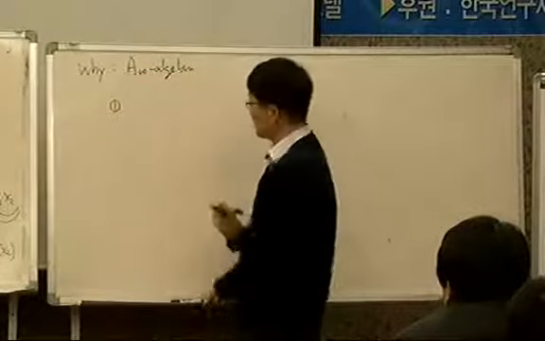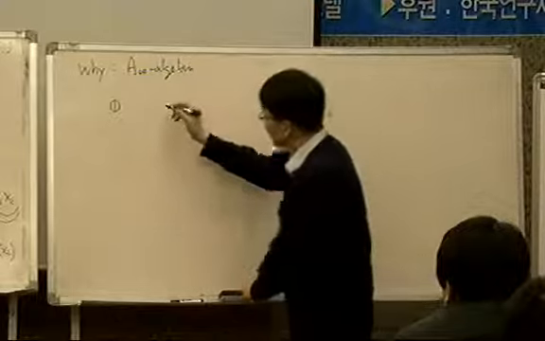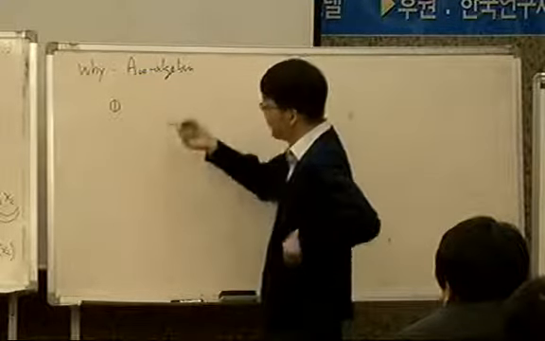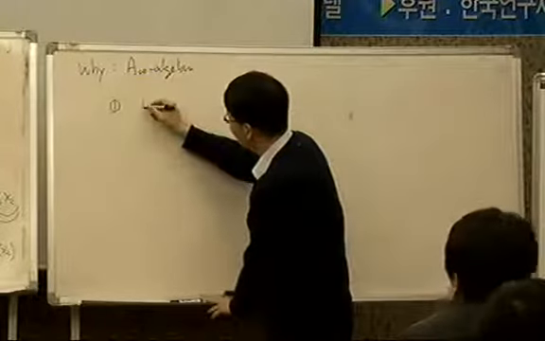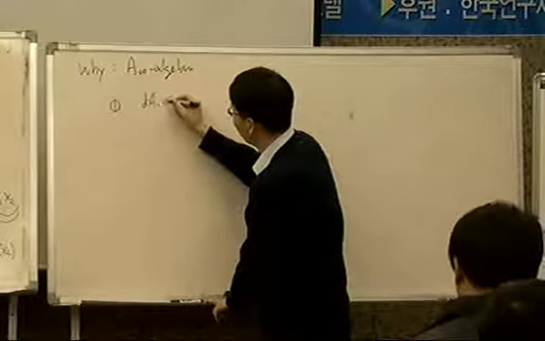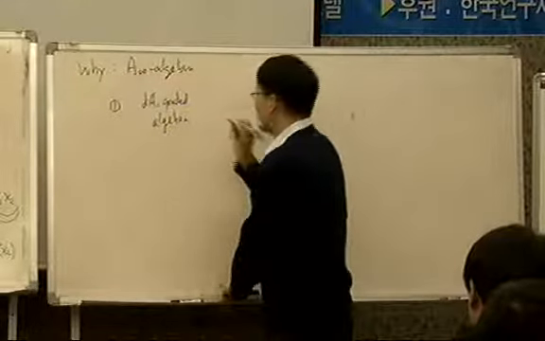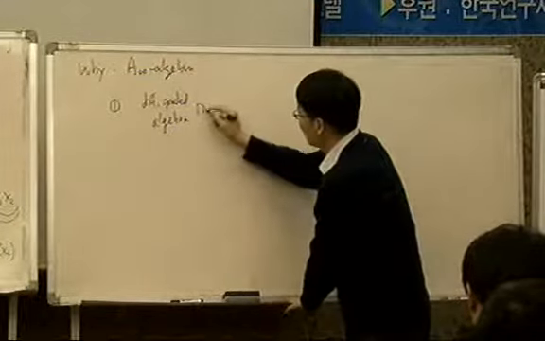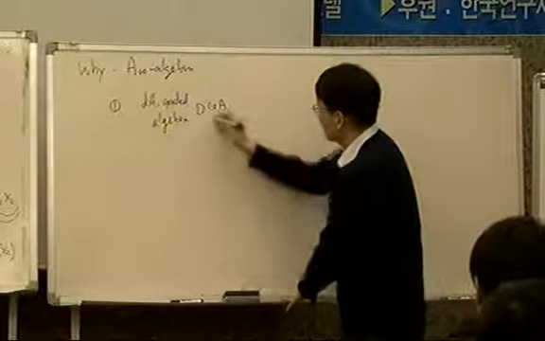Yesterday, Professor Jin-Hyun Park spoke about DG categories, or if you have only one object, then you have a differential graded algebra, what's usually called DGA. So you have a differential and product and so on.